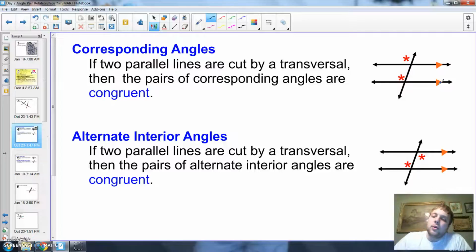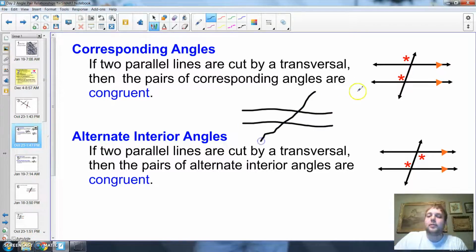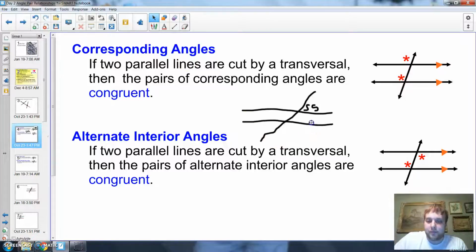Alright? Now, imagine this. If I have one line here, let's duplicate this thing here. And then I have another line, and I cut it. That's called a transversal. Let's say this angle is a 55. Now I know these two lines are parallel here, correct?